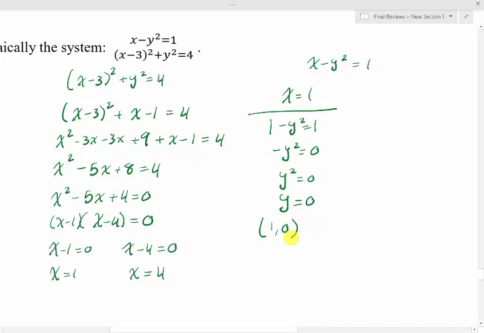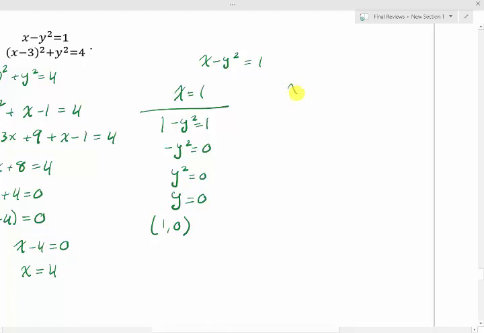Well, let's look at x equals 4 and see how this changes things. This time we're going to have 4 minus y squared equals 1. So I'm going to subtract 4 from both sides, and then multiply both sides by -1, and then take the square root of both sides.